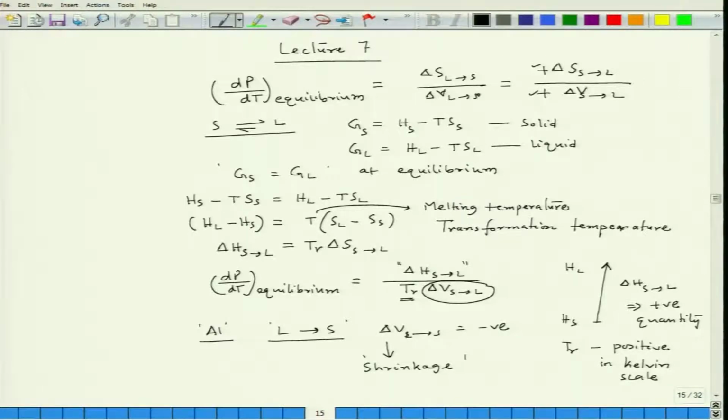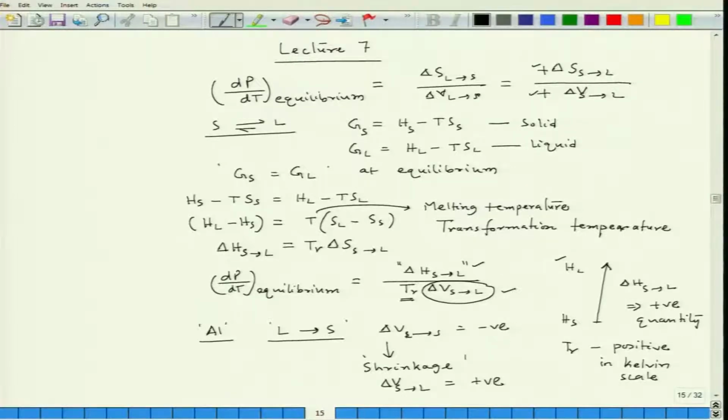So, if we are considering solid to liquid, del V solid to liquid would be positive. So, both the terms are positive. That means this is positive all the time, because enthalpy of liquid has to be higher than enthalpy of solid, and this one is also positive in case of aluminium.